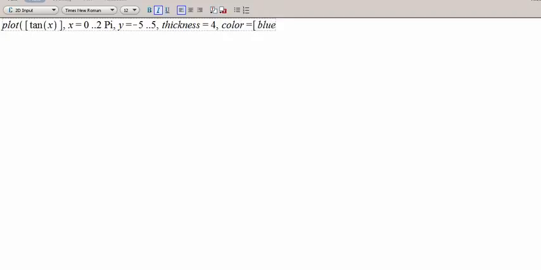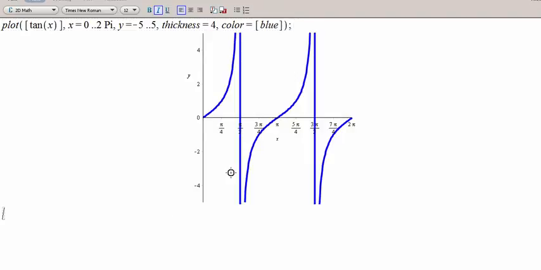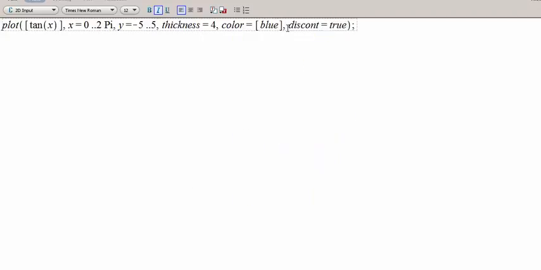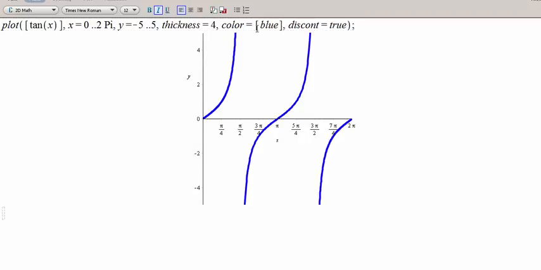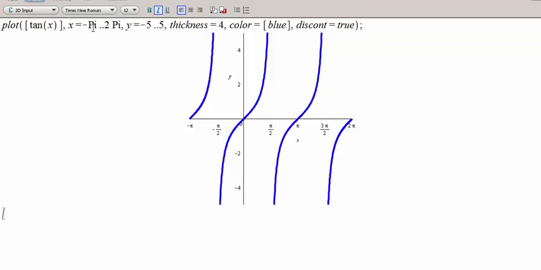And now the first one, the original one here, I'm going to graph in blue. Now I don't like those vertical lines, so let's get rid of them. Okay, and let me actually go back just a little bit here as well. Let's go to like -pi. There it is. That's the original graph.